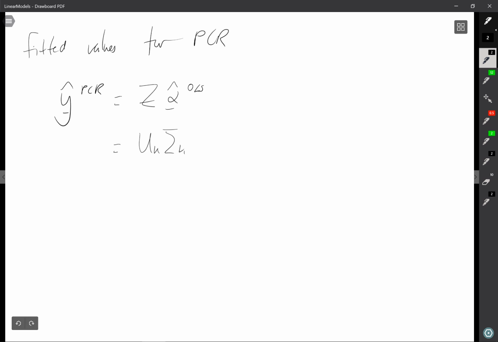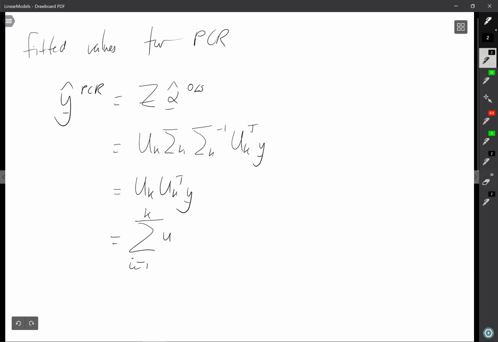We've just found alpha hat to be Sigma_k inverse U_k transposed y. So this gives us U_k U_k transposed y. Or if we write it out as a sum, it's the sum from i equals 1 to k of u_i u_i transposed y.